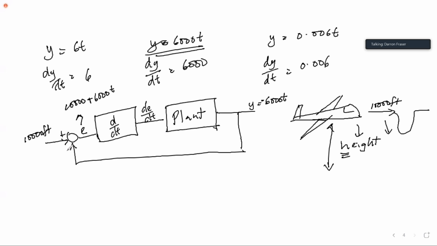This is plus, this is minus. So therefore the minus and this is going to make this positive. I don't know if you see this minus here. We're going to make this minus here. Minus and minus will make it positive.